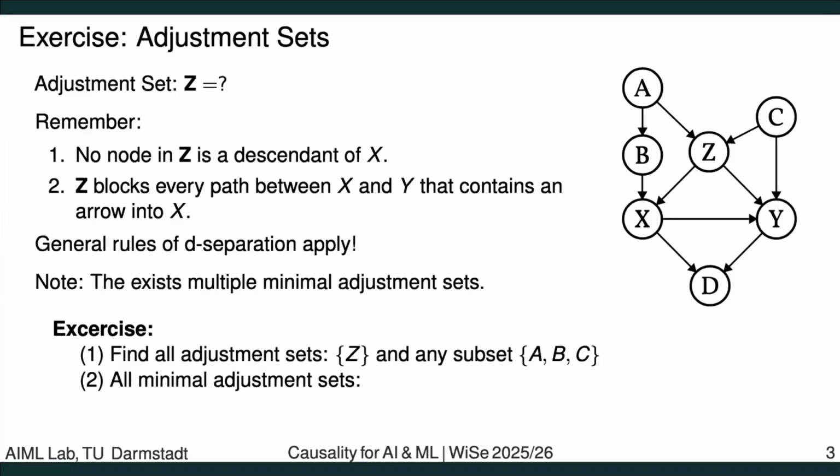Or alternatively, we can also adjust for A. So any subset of the set A, B, C is a valid adjustment set because any of those variables blocks the second path that is opened by conditioning on Z. So any of A, B, or C is suited to serve as an adjustment set in that case.